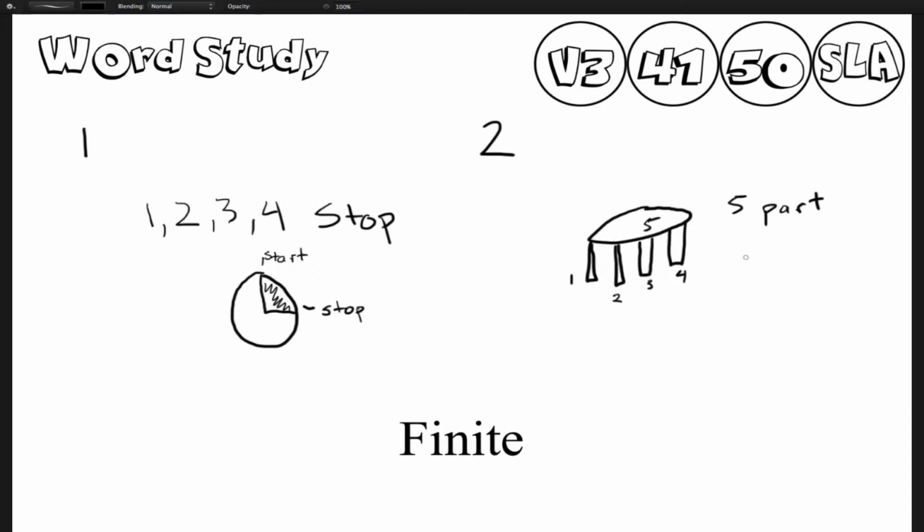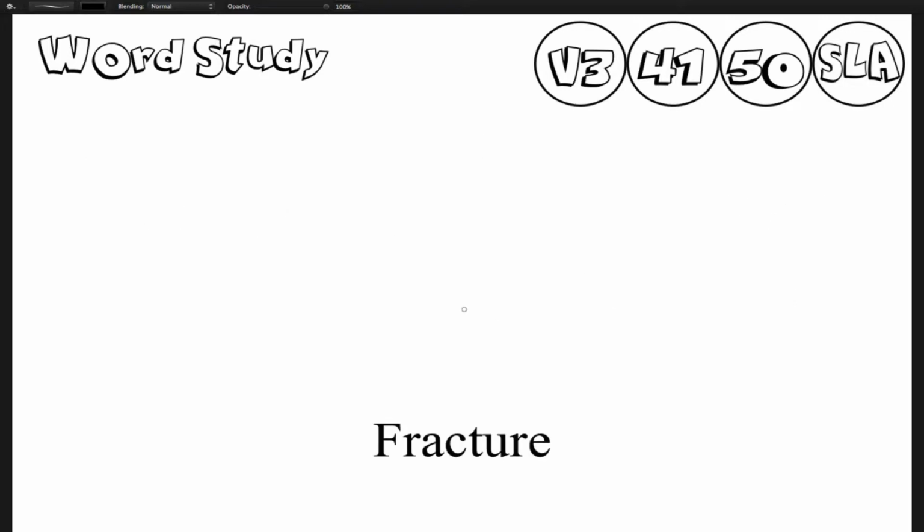A finite number of parts. Finite means without an end or limit. Finite also means with a countable number of parts. Finite.